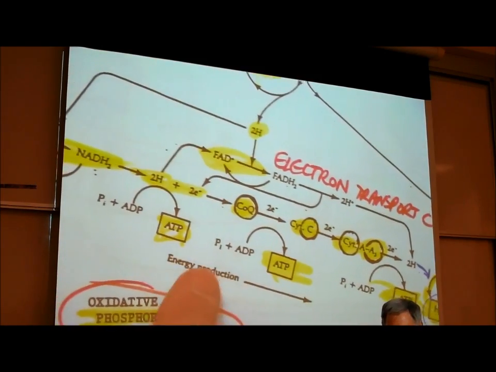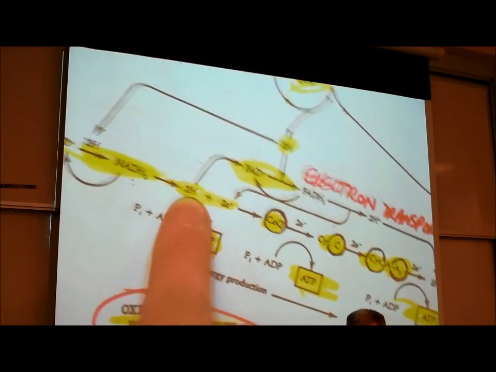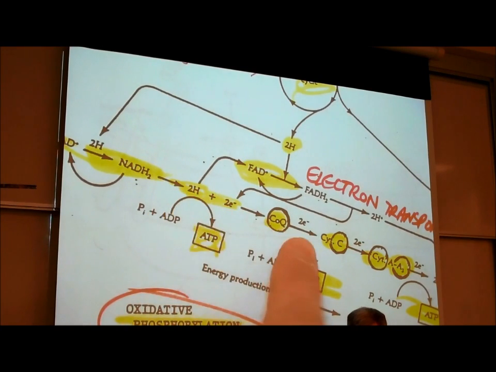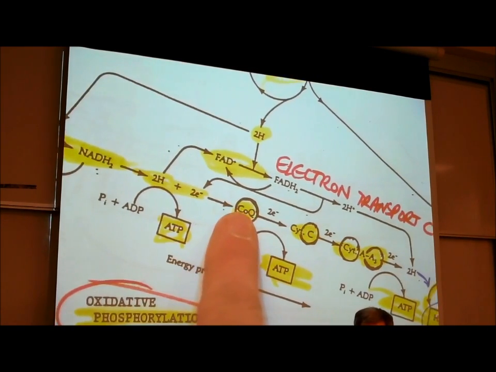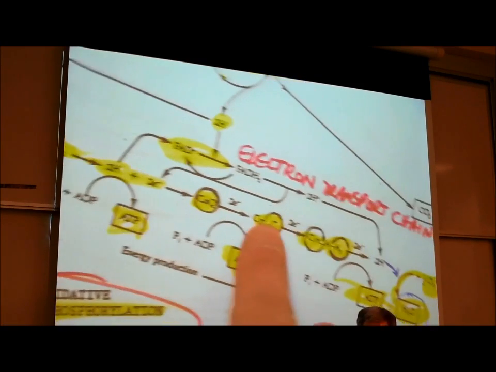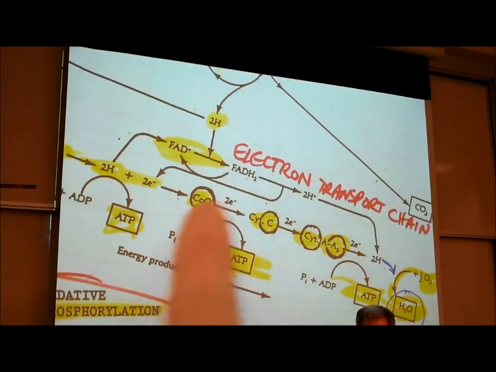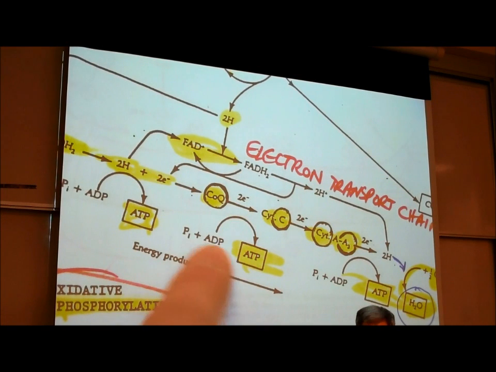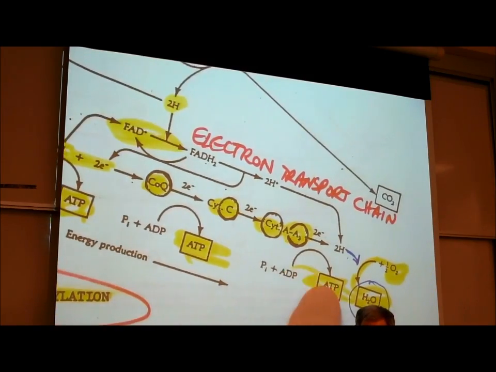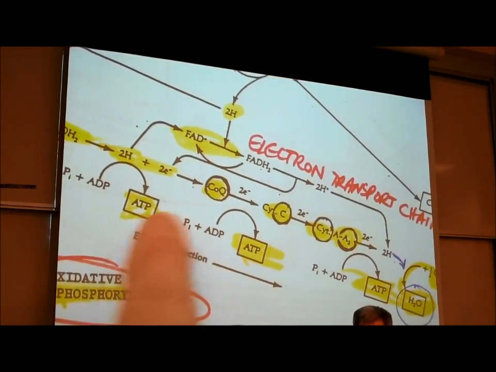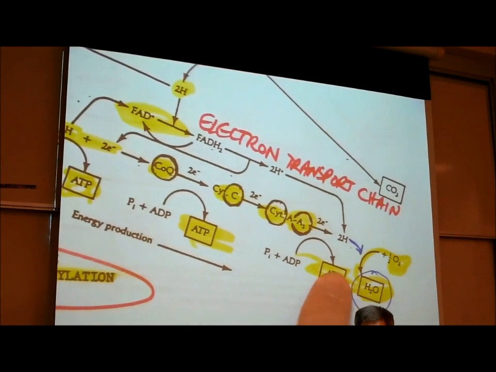Didn't we say that just like our hot potato game, these hot potato hydrogens are going to be tossed from the NAD and the FAD, and passed from one coenzyme to the next. As they are, energy is released, energy that is used to phosphorylate ADP into ATP. So here we can see a whole bunch of ATPs being formed.